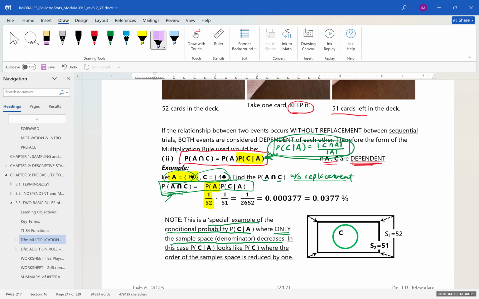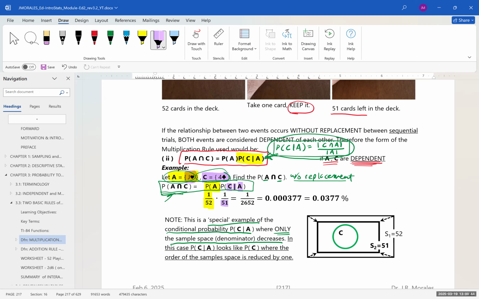Now let's think about the probability of getting C. So the probability of getting a Four of Clubs given a Jack of Hearts came first. So regardless of whether we get a Jack of Hearts or not on the first draw, we're keeping that first card. So what's the probability then of getting a Four of Clubs if we've kept a card?